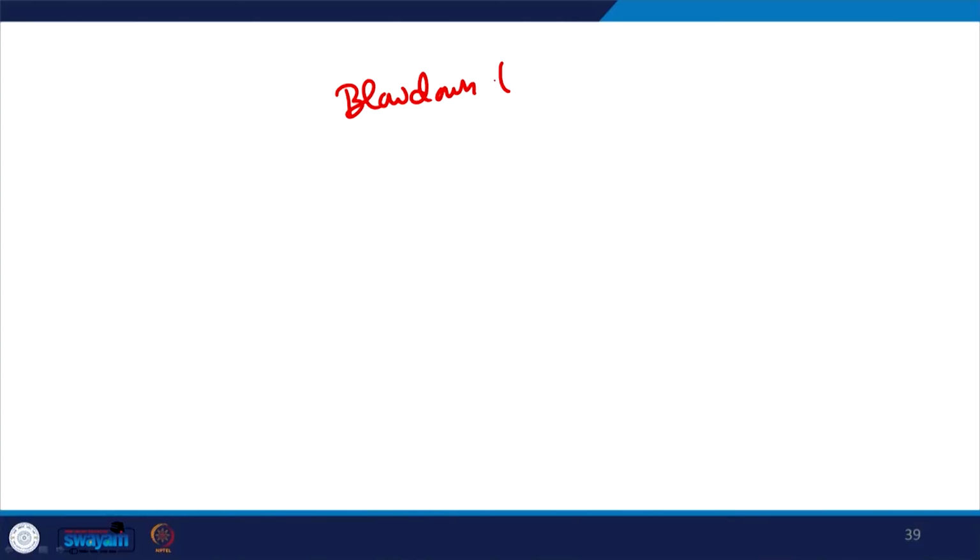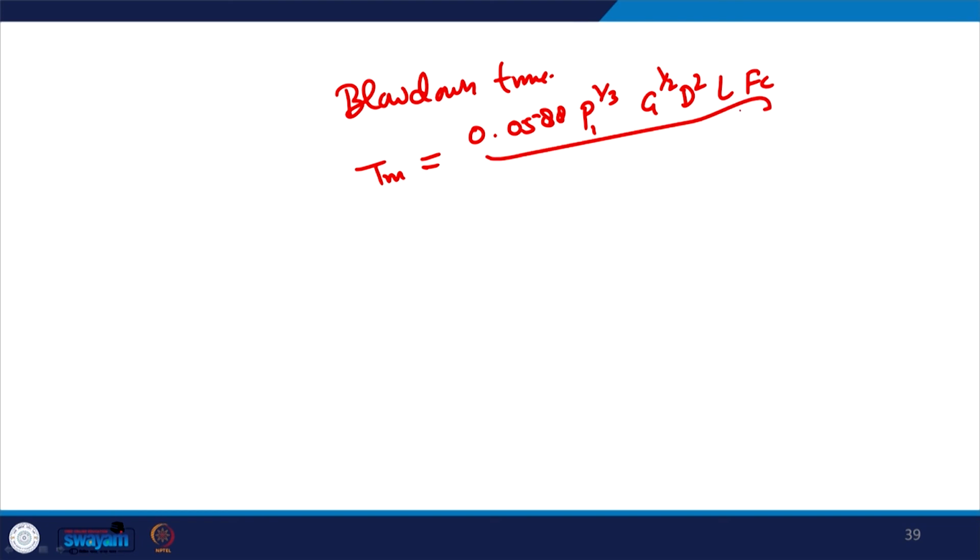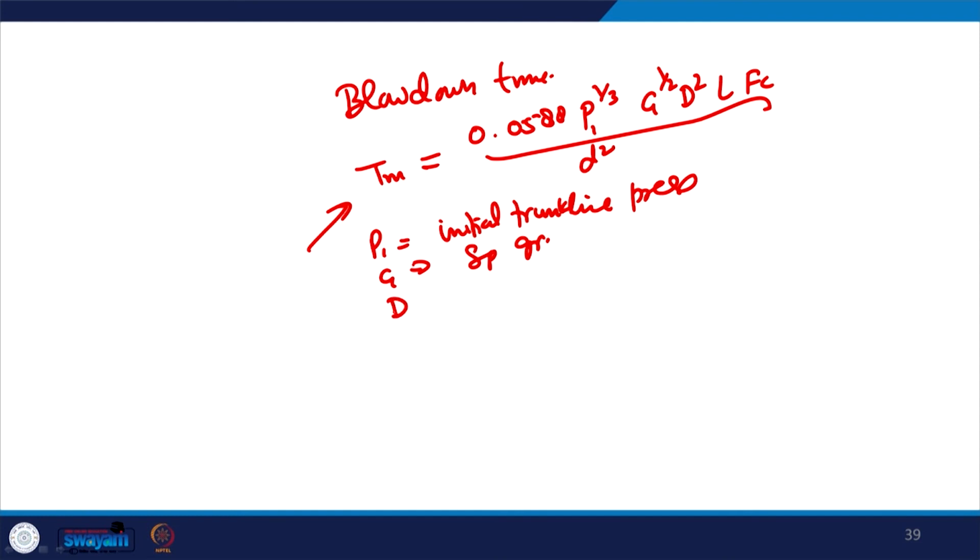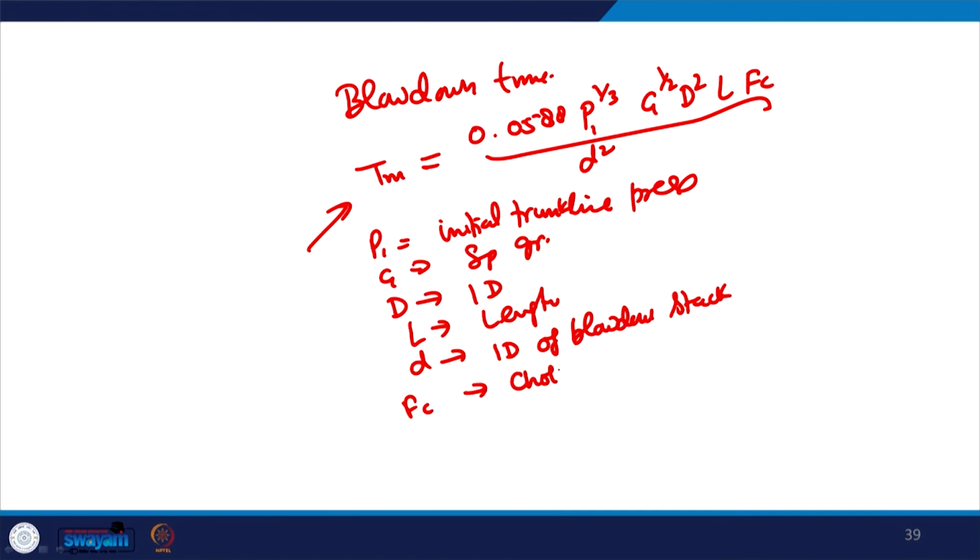Blowdown time, referred to as Tm, is equal to 0.0588 P1 G^0.5 D² L Fc / d², where Tm is the blowdown time in minutes, P1 is the initial trunk line pressure, G is the specific gravity of the gas, D is the internal diameter of the trunk line, L is the length of trunk line being blown down, d is the internal diameter of the blowdown stack, and Fc is the choke factor.